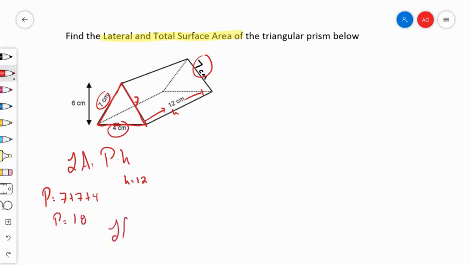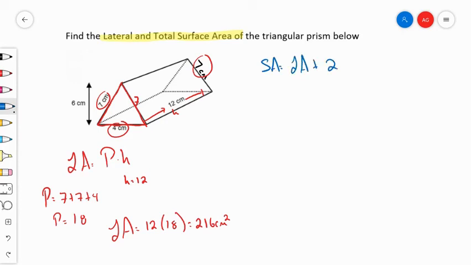To find my lateral area, I simply multiply 12 times 18, and that's going to give me an area of 216 centimeters squared.